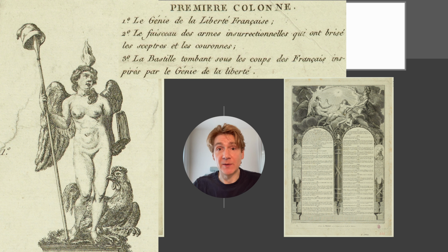She stands on top of a column representing the storming of the Bastille, and the explanation below describes it as the French genius of liberty. It is a female representation despite being a genius, as symbolized by the wings and the flame instead of a diadem.